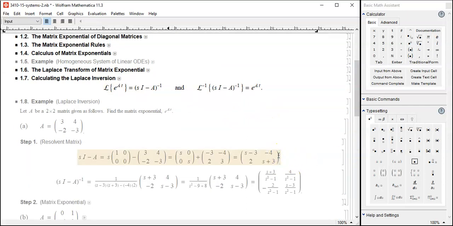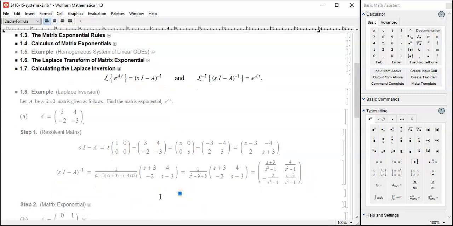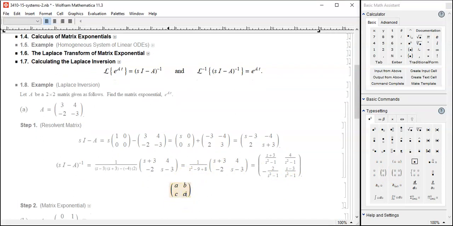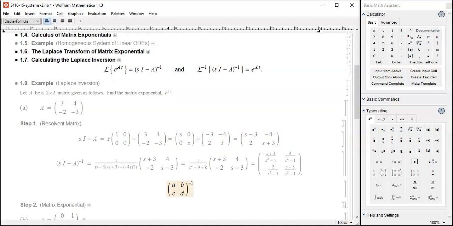And calculate sI minus A, and then take this inverse. And this is just a 2 by 2 matrix, so the inverse computation is not difficult at all. We use this a, b, c, d, and its inverse is 1 over ad minus bc, the determinant, and then switch the principal diagonal, a d becomes d a, and then take the negative of the others.